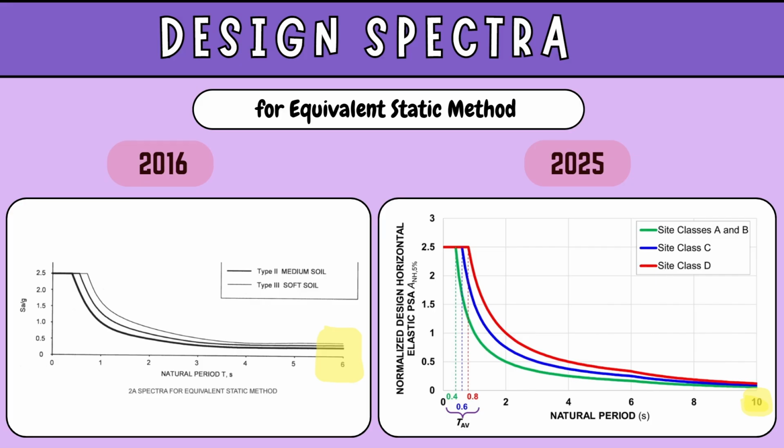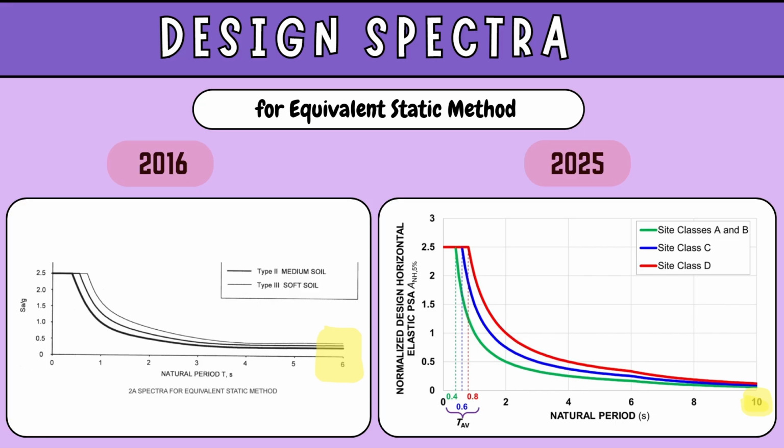Then for design spectra for equivalent static analysis, in 2016 there was a natural period up to 6 seconds only, and as per the new IS code of 2025, the natural period is increased up to 10 seconds.